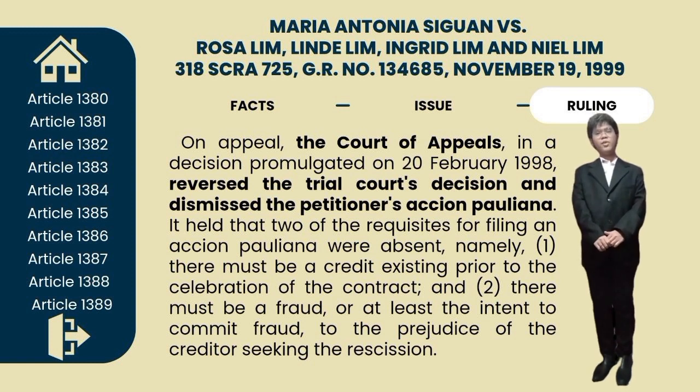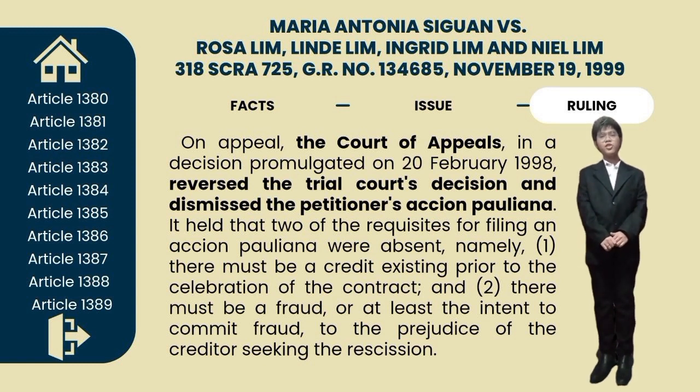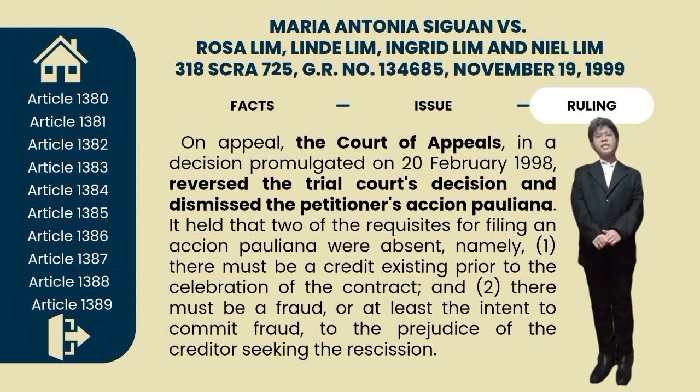It is therefore essential that the party asking for rescission prove that he exhausted all other legal remedies to obtain satisfaction of his claim. Since Siguan neither alleged nor proved that she did so, her action for the rescission of the questioned deed is not maintainable even if the fraud charged actually did exist.